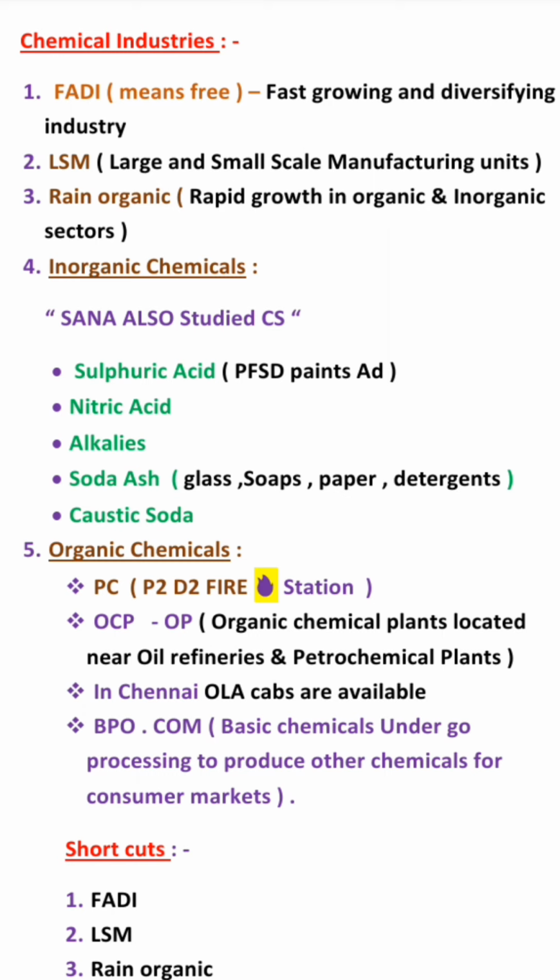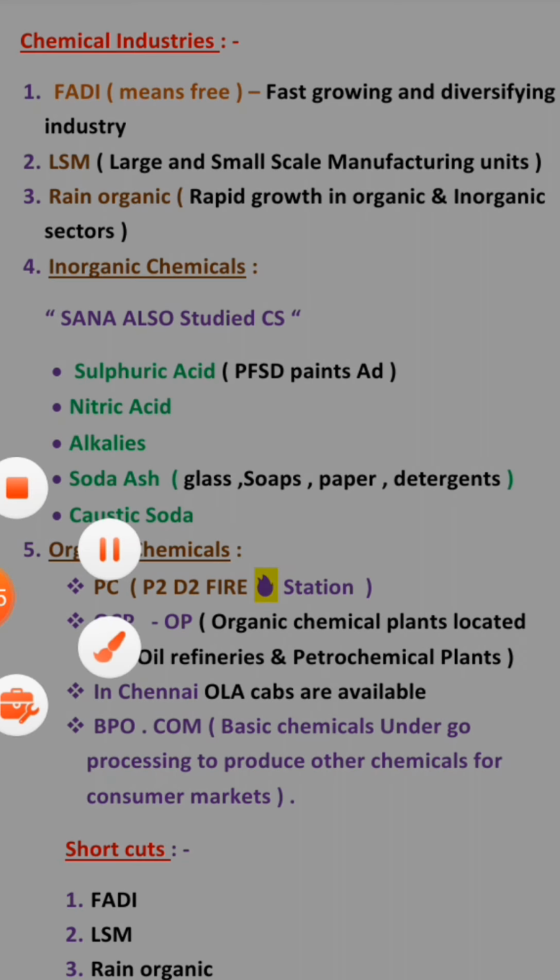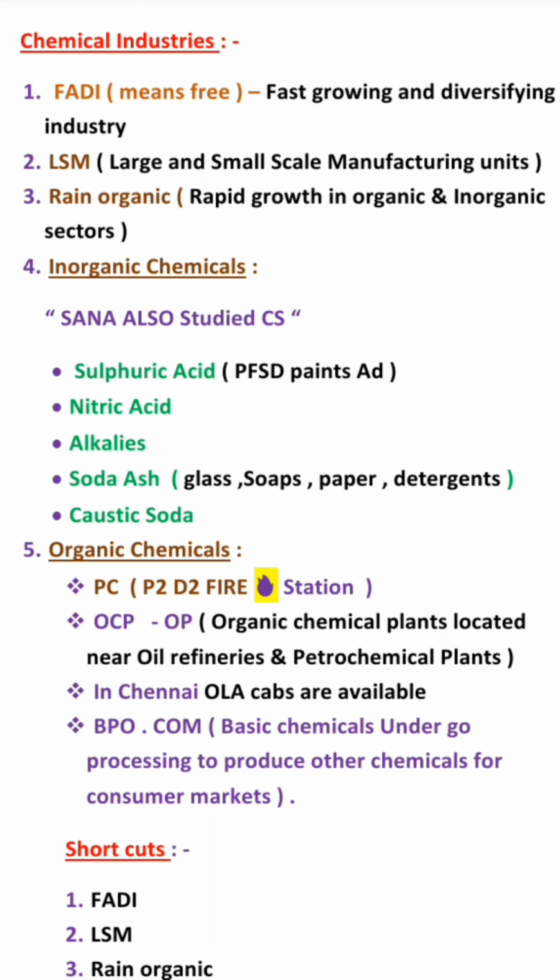First, near sulfuric acid, one bracket is given, so for that you just remember this mnemonic, PFSD paints ad. Sulfuric acid is used to manufacture PFSD paints ad.